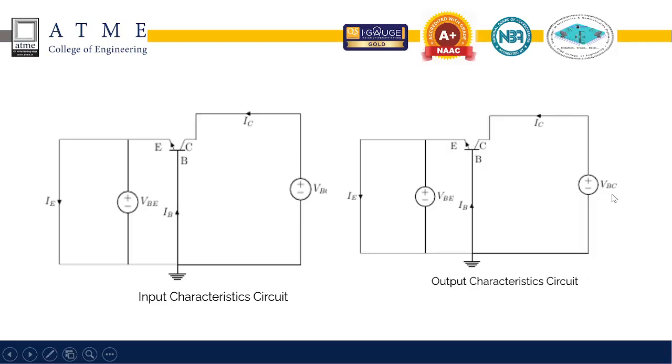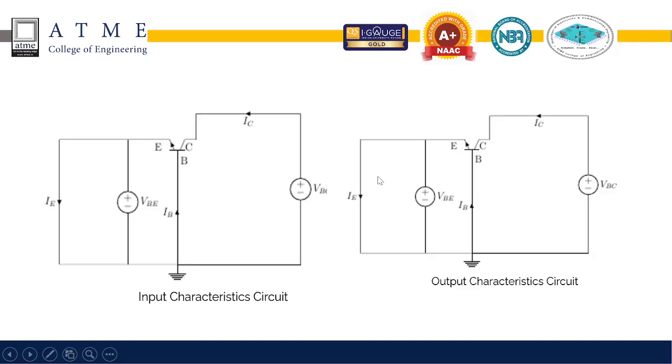So this is the circuit diagram for output characteristics of common base configuration BJT. Here the same diagram, but we are going to measure the output characteristics. So we are going to keep IE, that is emitter current, constant using the voltage VBE, and take down the readings for VCB and the corresponding IC current.